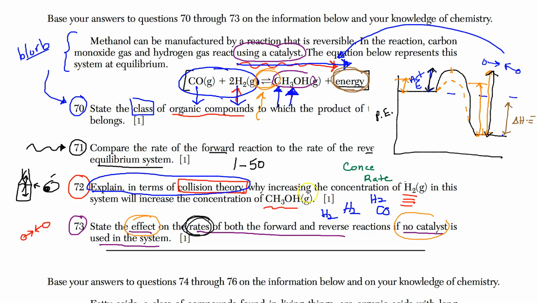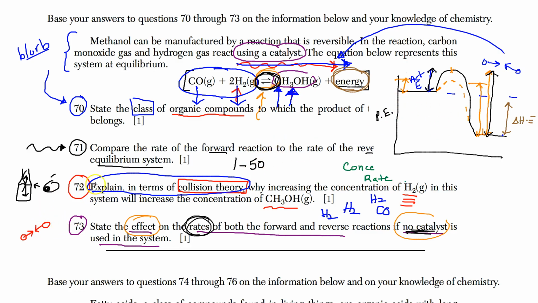Well, catalysts make reactions go faster by lowering activation energy. So if we have no catalyst, our activation energies for both the forward and the reverse will both increase the same amount, and therefore they're both going to get slower. Equilibrium will still be intact. And that's not what they're asking about, but both rates will get slower.